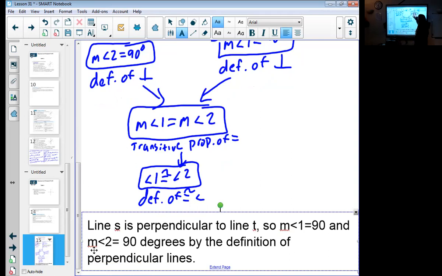That's these first two steps in one sentence.